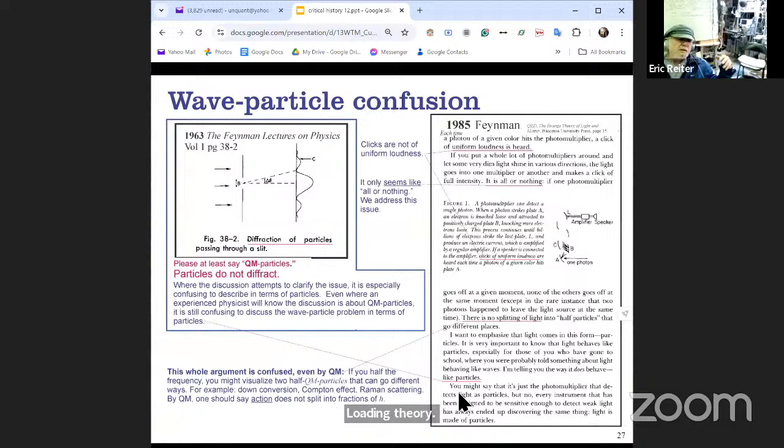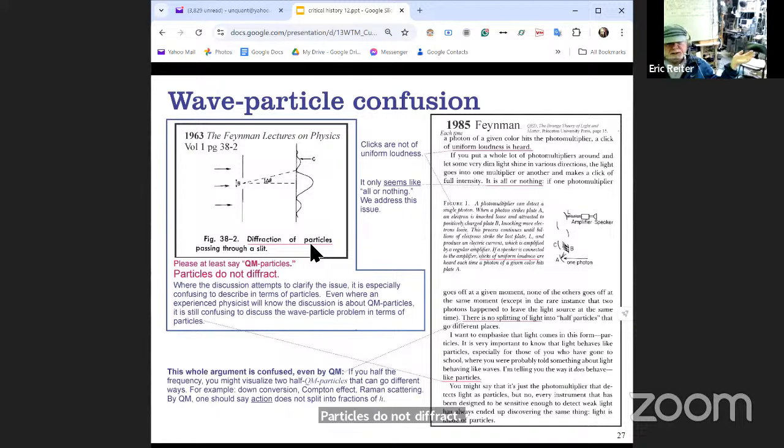So there is all this wave particle confusion, and I like looking at Feynman for that. So here he is trying to explain wave particle duality with electron diffraction, diffraction of particles. Let's get it straight. Particles do not diffract.